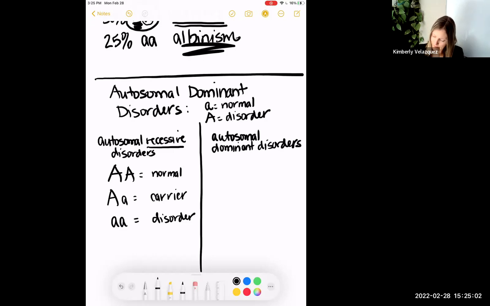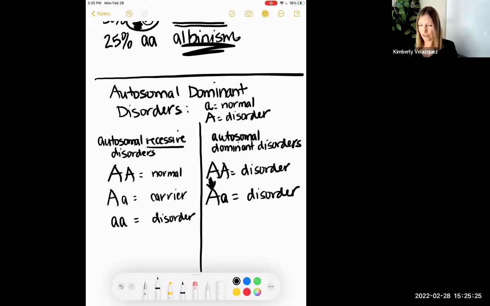And in that case, this individual has the disorder and this individual has the disorder because this is the disease gene and this is normal and disease is dominant over normal. So that one gets a little more confusing and I'm going to give you examples of this. So normal is recessive in this pattern of inheritance.